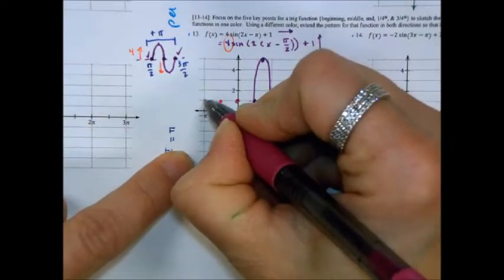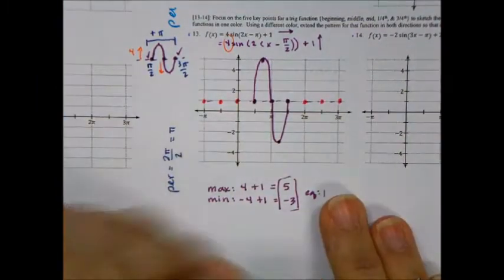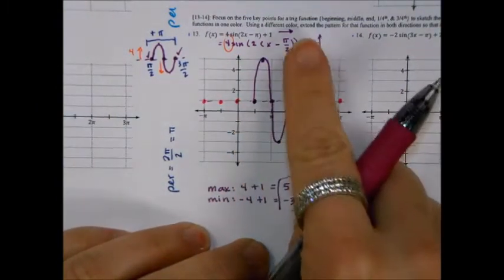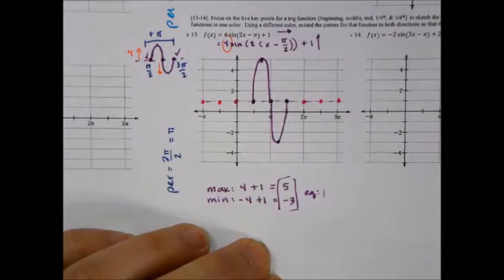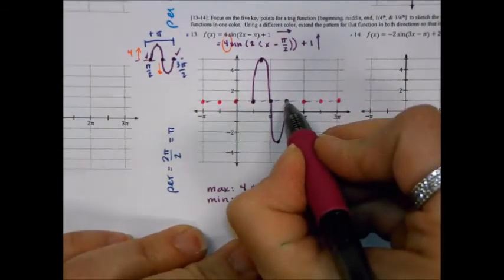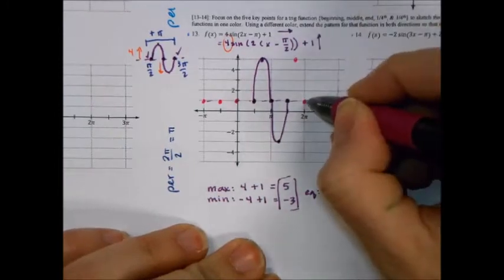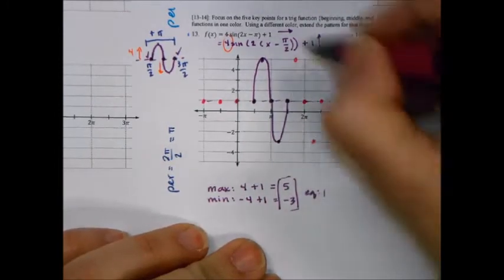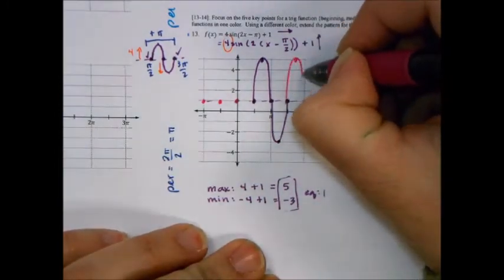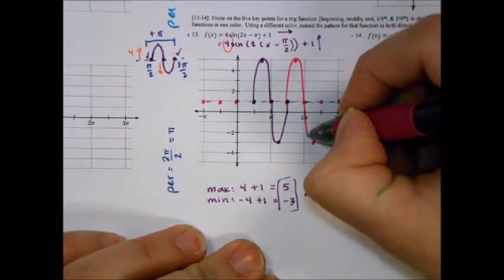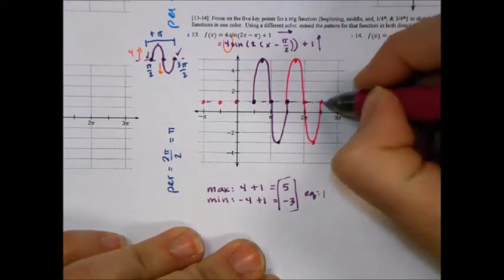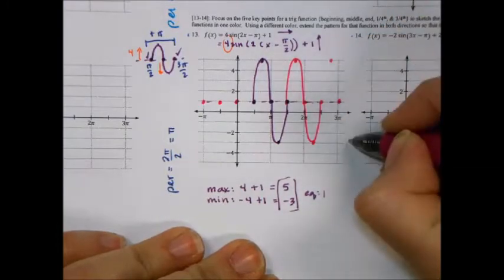And then we want to alternate maximum, minimum in between each pair. So between 3 pi over 2 and 2 pi, we should have our maximum. In between the next two, the minimum. And so there's another one. And again, we want to go maximum and then the minimum over here, but that's off our graph, so we won't draw it.